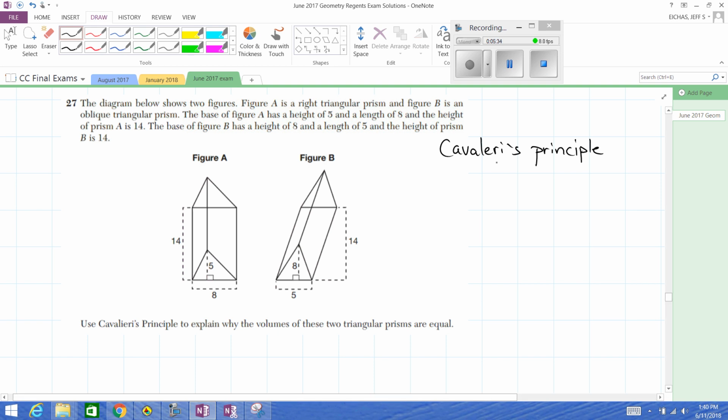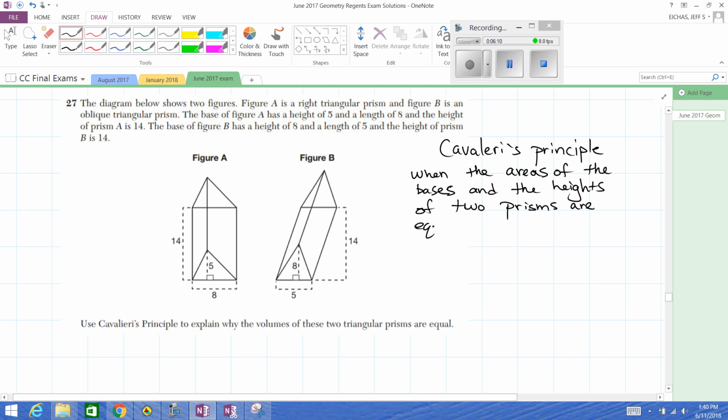Basically, Cavalieri's principle is this: when the area of the bases and the heights of two prisms are equal, we could say 3D objects, but we're going to say prisms because these are prisms, then the volumes are equal.